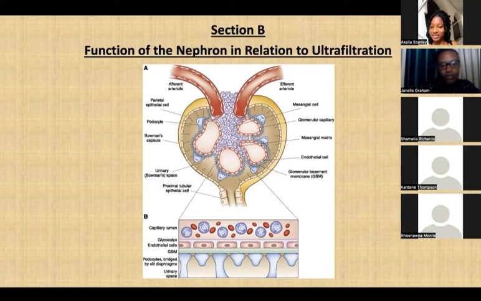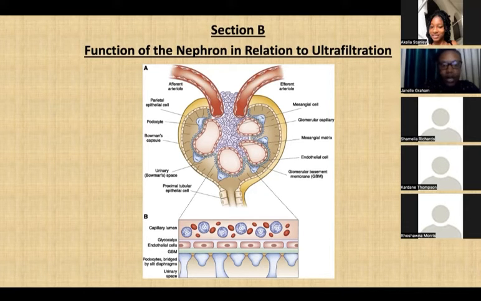First, you have the filtration membrane that comprises the blood vessel itself, which is the endothelium. The endothelium at the glomerulus has holes in it, which is referred to as the fenestrated endothelium. The fenestrated endothelium, which is the first filtration membrane, has pores of 70 to 100 nanometers, which determine which substances are able to pass through.